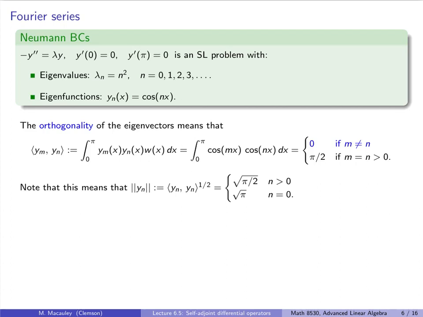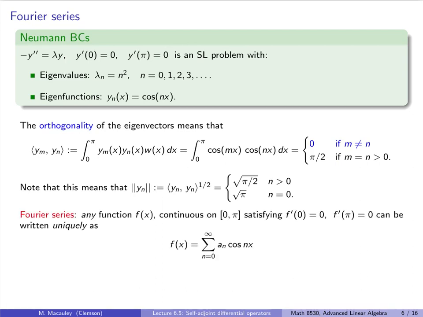Once again, this means that the norm of yn, in other words, the square root of the inner product of yn with itself, is root pi over 2 if n is positive. And I didn't say it here, but it's easy to check that this ends up being pi if m and n are equal to 0. So the norm of the constant function 1 is root pi.